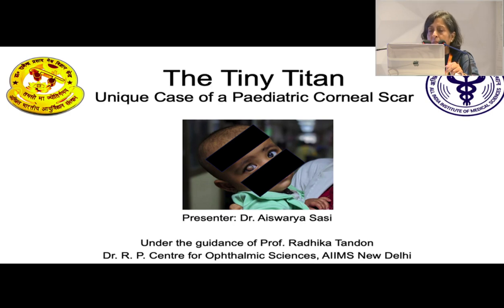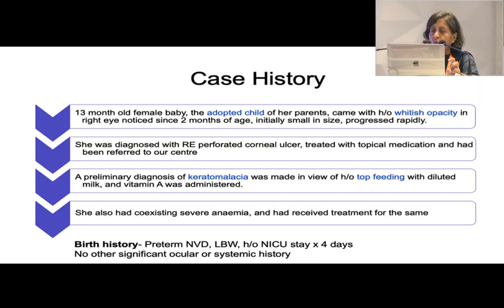Just giving you one example of a patient, because the question was what should be the workup, what should be the assessment of the intervention, and so on. This was a 13-month-old baby, an adopted child, who presented with a history of whitish opacity noticed since the age of 2 months, initially small in size and progressed rapidly. She was initially diagnosed as a perforated corneal ulcer and treated with topical medication elsewhere, and had been referred.